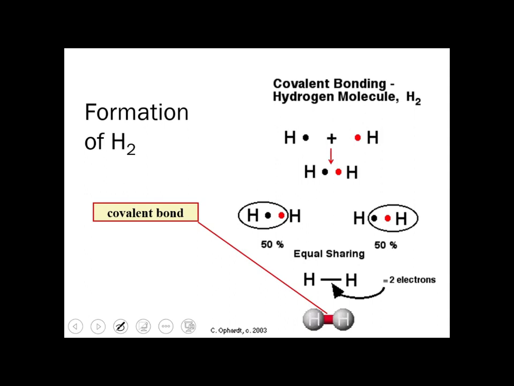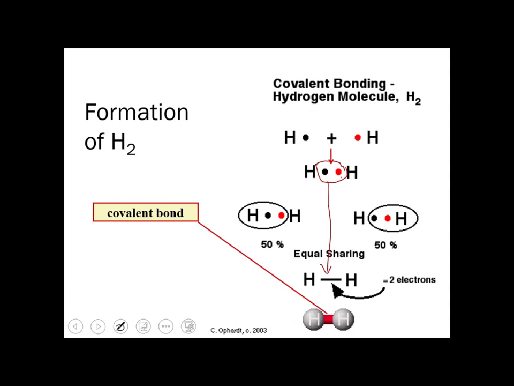Example for formation of covalent bond. So let's say you have hydrogen. Hydrogen is a non-metal. Hydrogen wants to bond with another hydrogen. So one hydrogen contains 1 valence electron. So each of them will bring their valence electron close together. Okay, so when they are close together, they will form a line.